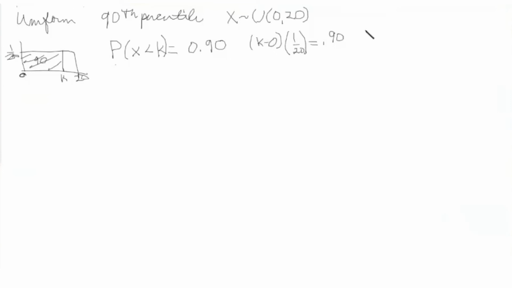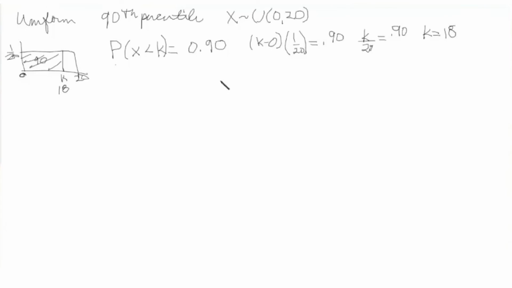So that's going to give me k over 20 equals 0.90. And then take 20 times 0.90 is going to give me k. So that would tell me my k is going to be 18. Good job, got 18. Okay?